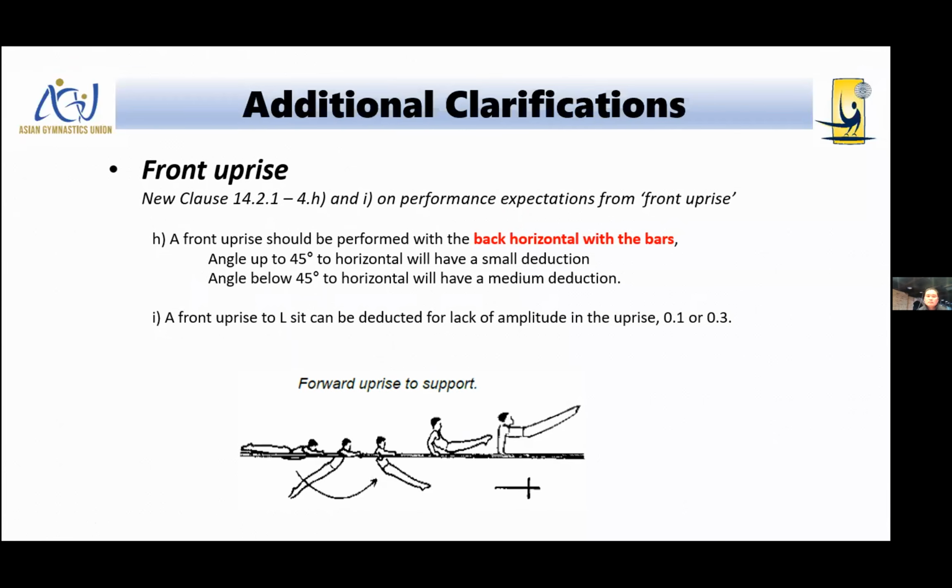And if it is below 45 degrees in the Front Uprise, then it has to be a medium deduction, 0.3. The clarification also says that Front Uprise to handstand can also be deducted for lack of amplitude. And it is the same, up to 45 degrees, 0.1, and below 45 degrees, you deduct a medium deduction.